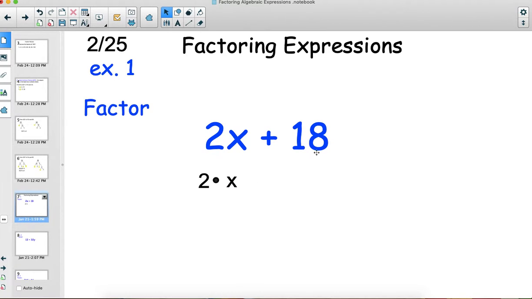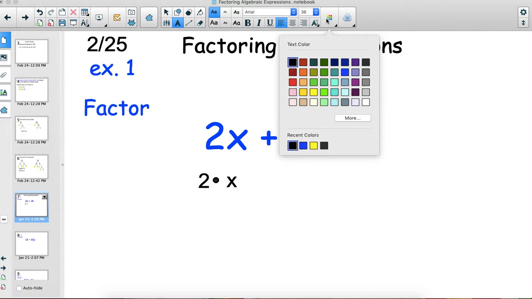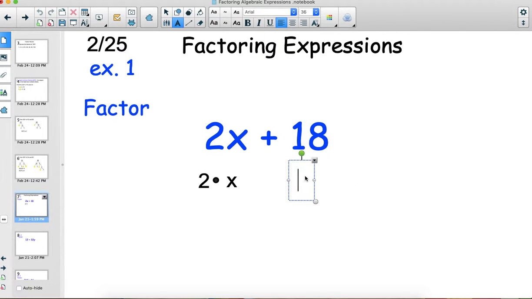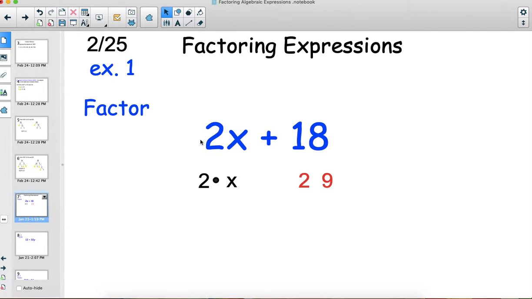And then 18, the factors of 18, maybe I'll do this in a different color, red. Well, I know 2 times 9 is going to equal 18. Okay, so they both have a 2. So you want to identify what is a common factor, and to do it correctly, you should find the greatest common factor. In this case, it's 2.